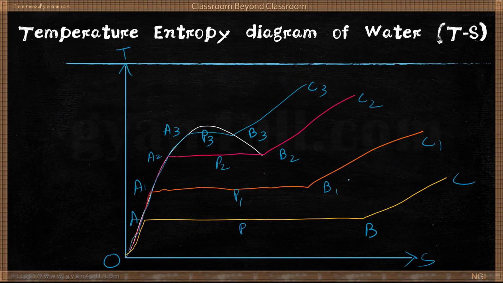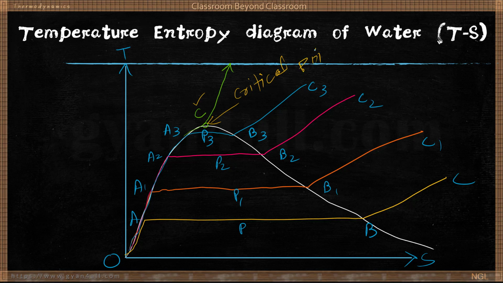This is the line joining all the liquid points and dry steam points. And what is this point C? Excellent. This is called the critical point. The temperature at the critical point is called the critical temperature, and the pressure at the critical point is called the critical pressure.